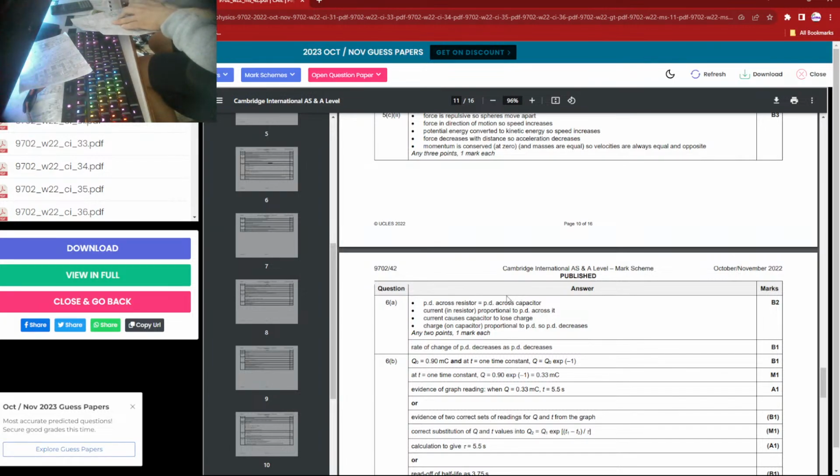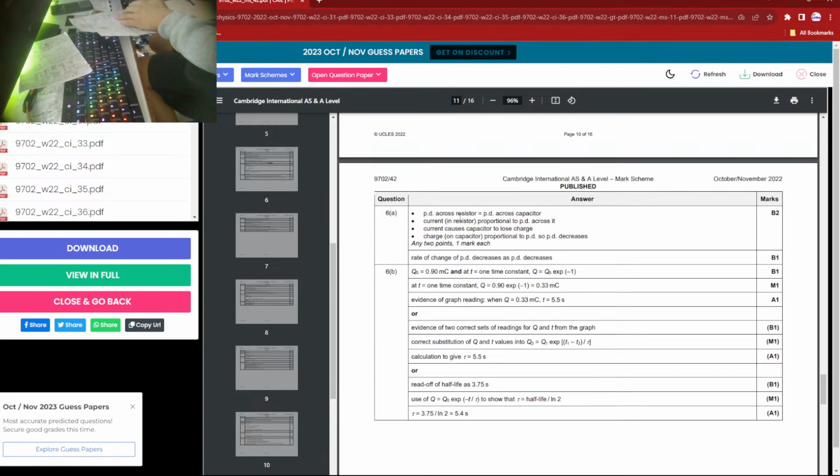Oh sorry, not proportional, it's equal to. Wait, no, it's proportional. PD in resistance is equal to PD in capacitor, and charge proportional to PD, so PD decreases.